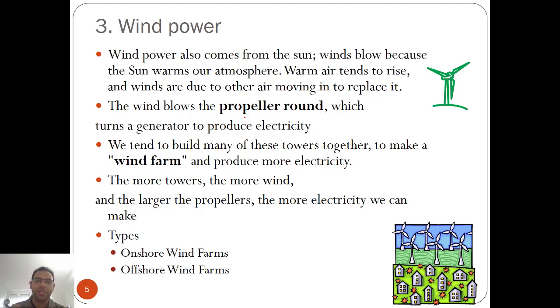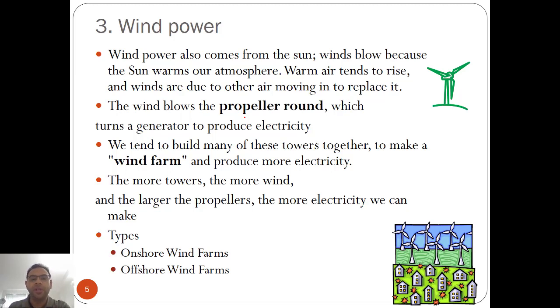The wind energy is a kinetic energy, and that kinetic energy is translated into rotational energy of the blades, and that rotation is then used to run the generator, and then the generator produces the electricity. This is the simple and very basic concept for wind energy conversion system.